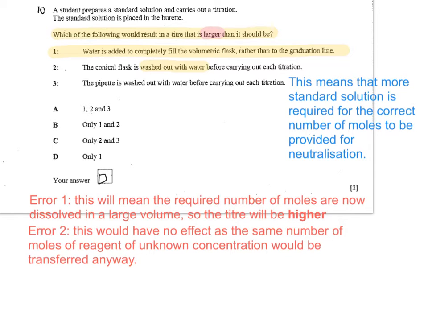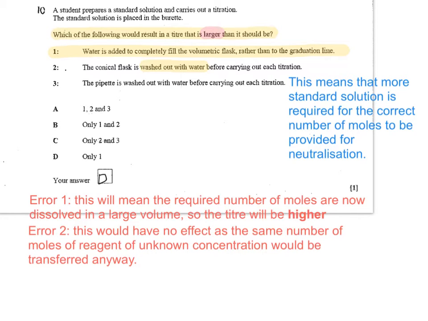before carrying out each titration, if you remember that what's actually put into the conical flask is the solution of unknown concentration. The standard solution goes in the burette. So you put a set amount, such as 25 centimeters cubed, of a solution of unknown concentration, which is what you're trying to find out the concentration of. That goes into your conical flask.